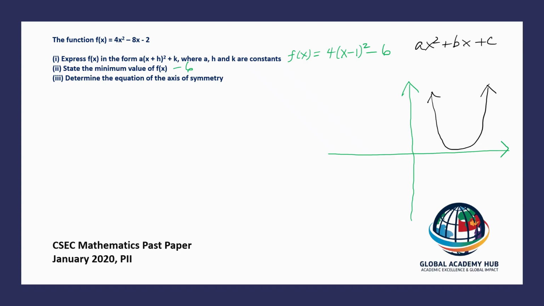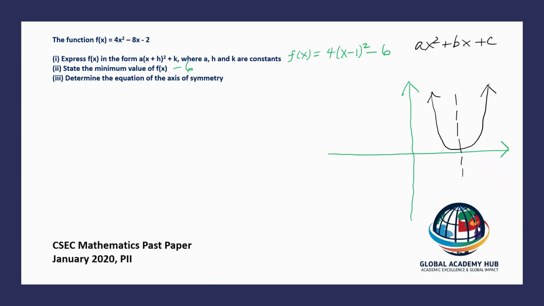If it's negative, the parabola is going to open downwards. So in this case, it's going to open upwards. And at some point right here, at the minimum point, a line can be constructed vertically. And at that point, your parabola is split in 2 equal halves. This is the axis of symmetry. We are looking for that line.